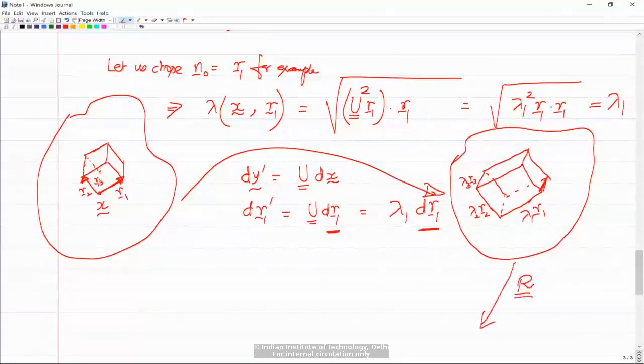This rotation part is simply rotating the stretched cuboid. So I'll write here, rotating the stretched cuboid.